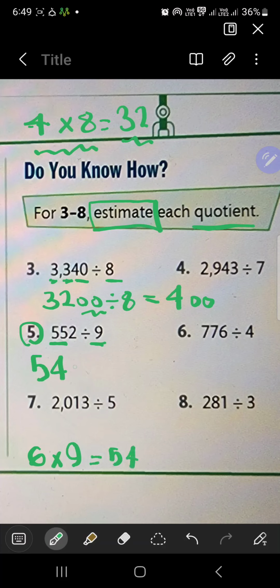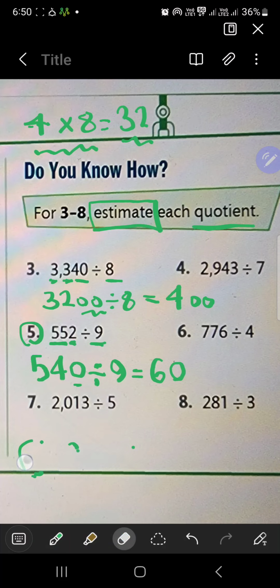So I'm going to use this fact simply and make this 2 a 0 and continue the example like that. 540 divided by 9, using the fact that 6 times 9 equals 54, equals 6, and add this 0, so it becomes 60.